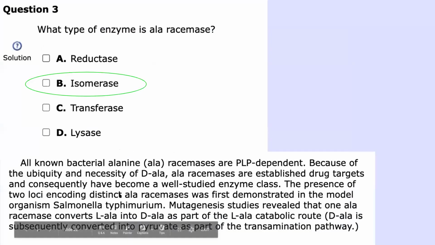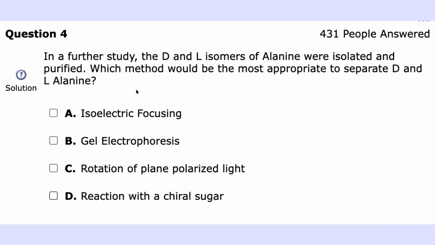So it mentioned in the paragraph and the figure that it is converting from the L isomer to the D isomer, which is what an isomerase would do, and is moving around the intramolecular arrangement, which was shown in the figure. So that's what an isomerase does.